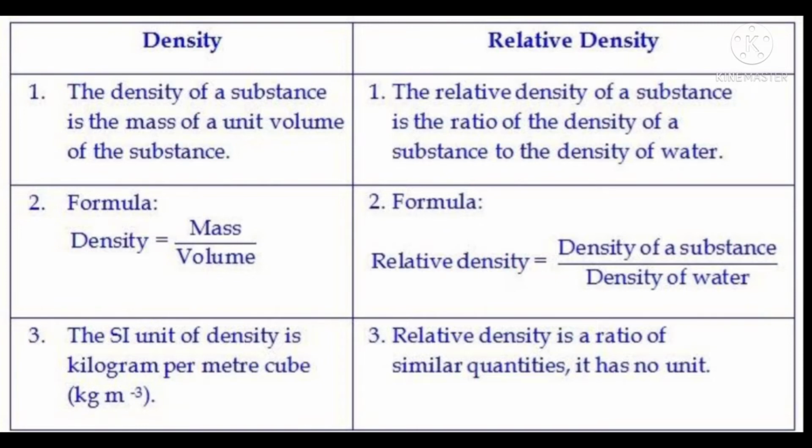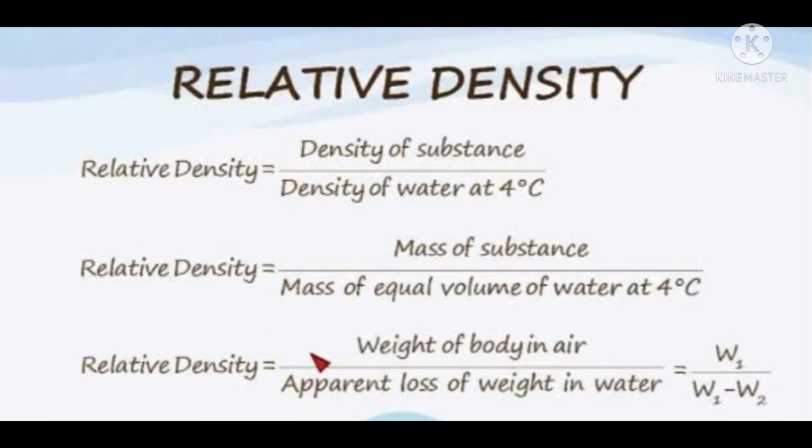The formula for density is mass per unit volume, and the formula for relative density is density of a substance upon density of water at 4 degrees Celsius. SI unit of density is kilogram per meter cube. Relative density is the ratio of similar quantities, so it has no unit.